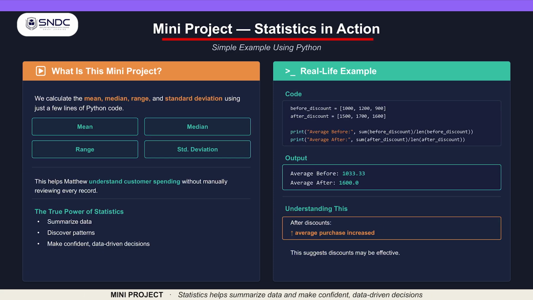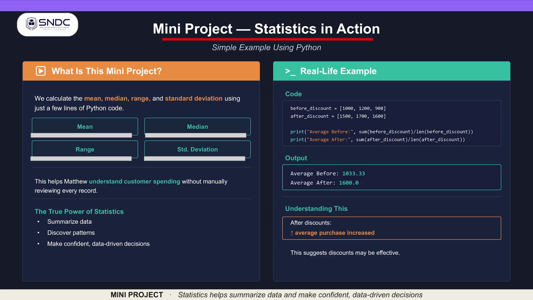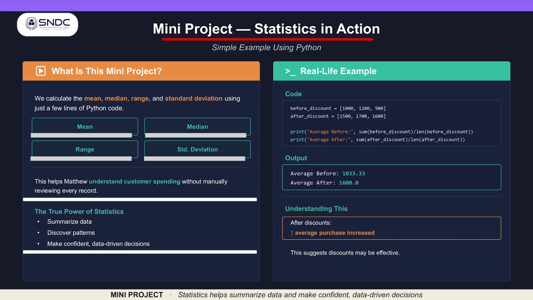In our final mini-project, we calculate the mean, median, range, and standard deviation using just a few lines of Python code. These calculations allowed Matthew to better understand customer spending without manually analyzing every record. This demonstrates the true power of statistics. It helps us summarize data, discover patterns, and make confident, data-driven decisions.